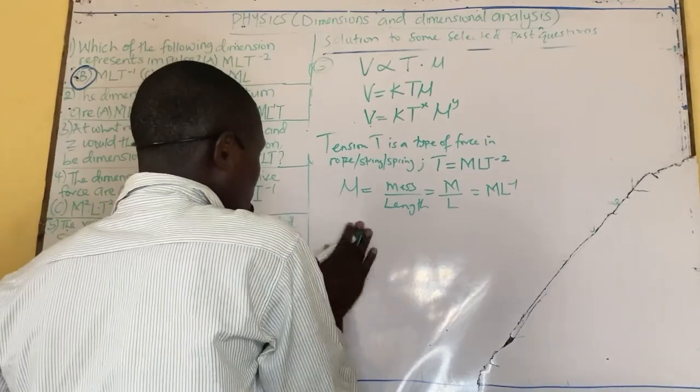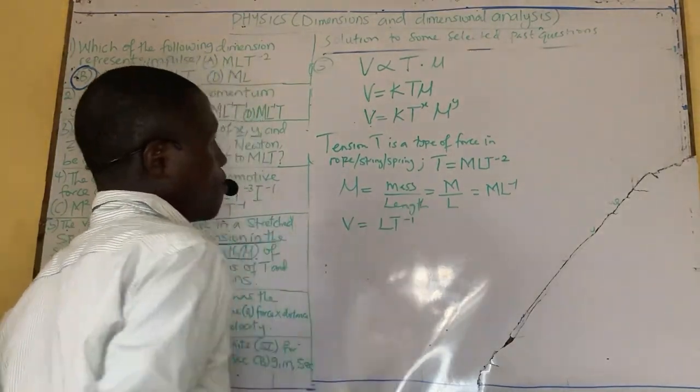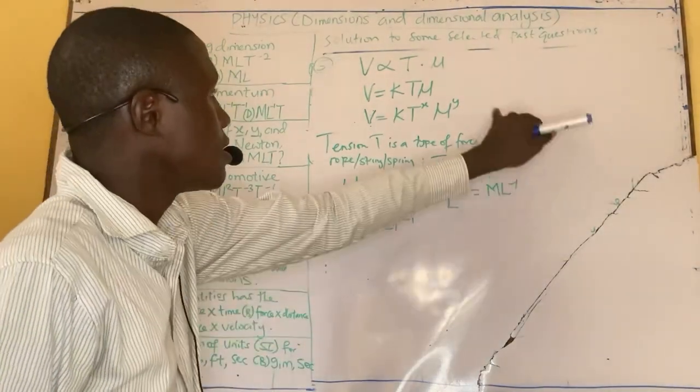And lastly, the dimension of V is L per T. It's very important. We are going to substitute this dimension into this equation.